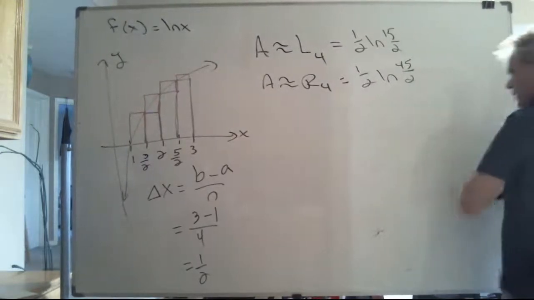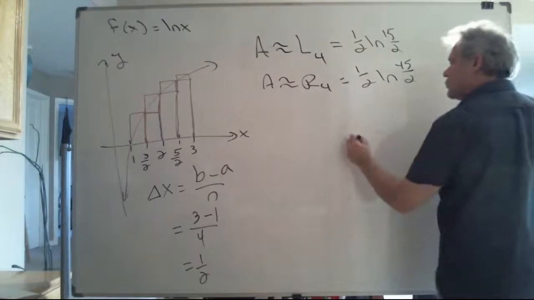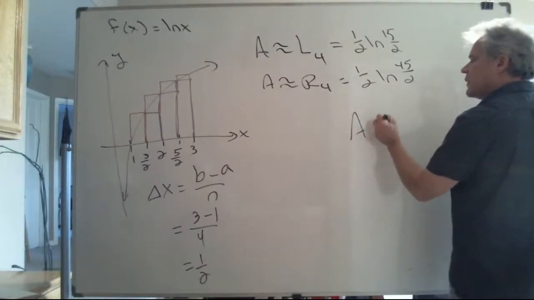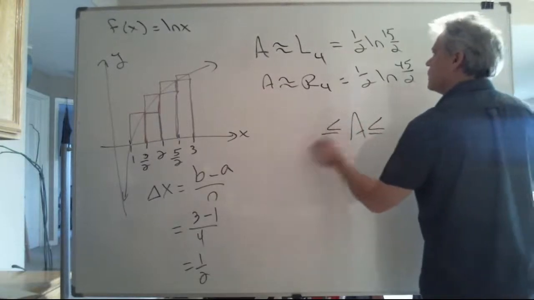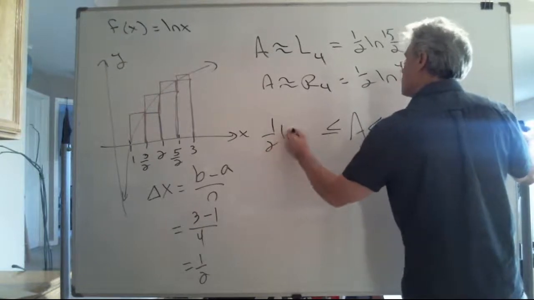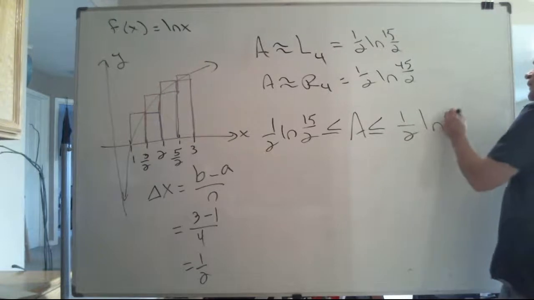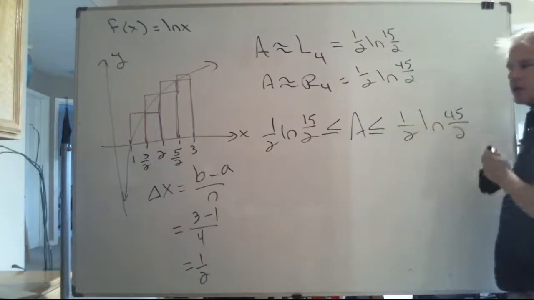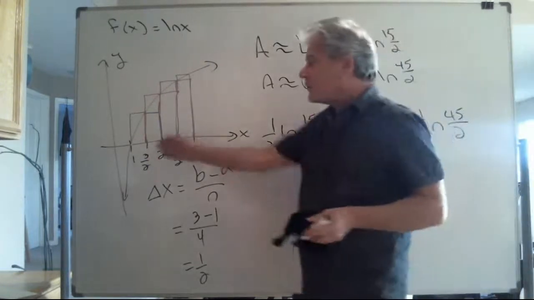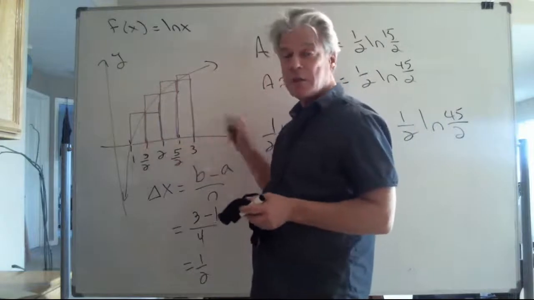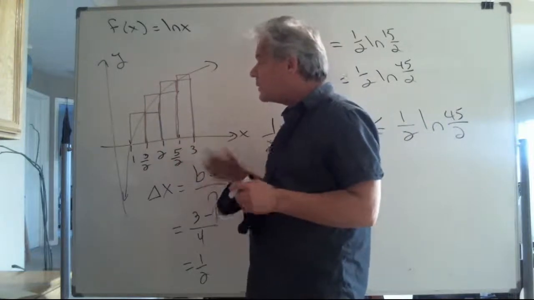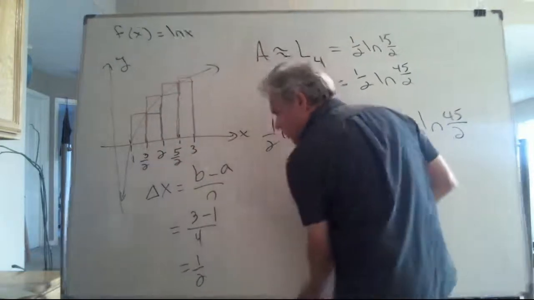So I do think in this example, the actual exact area ends up being somewhere between these extreme values. But again, I just got lucky in this derived example because this function has to be strictly increasing. So the left endpoint will clearly underestimate the curve, the right endpoint clearly overestimates the curve.